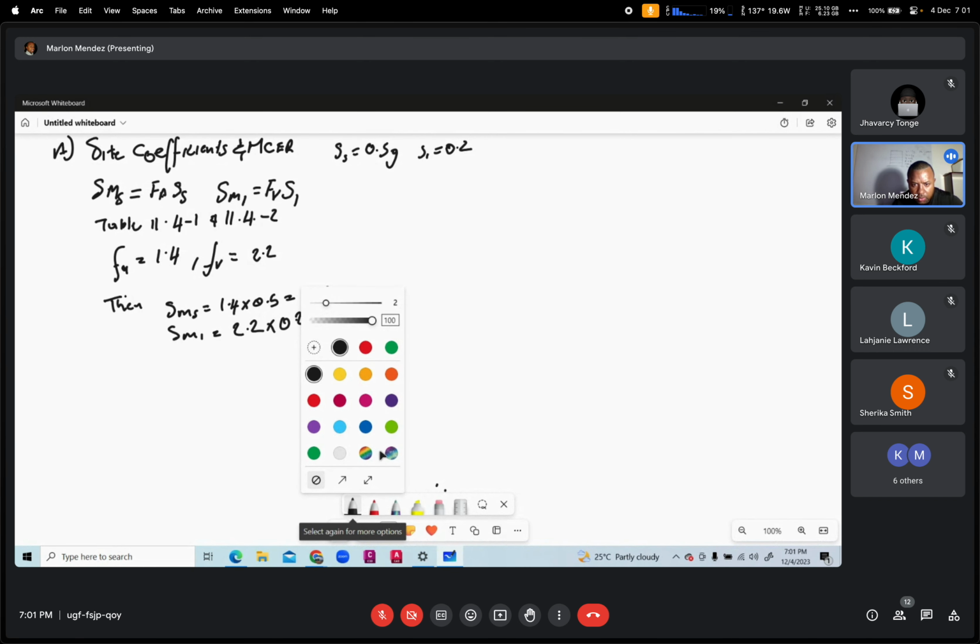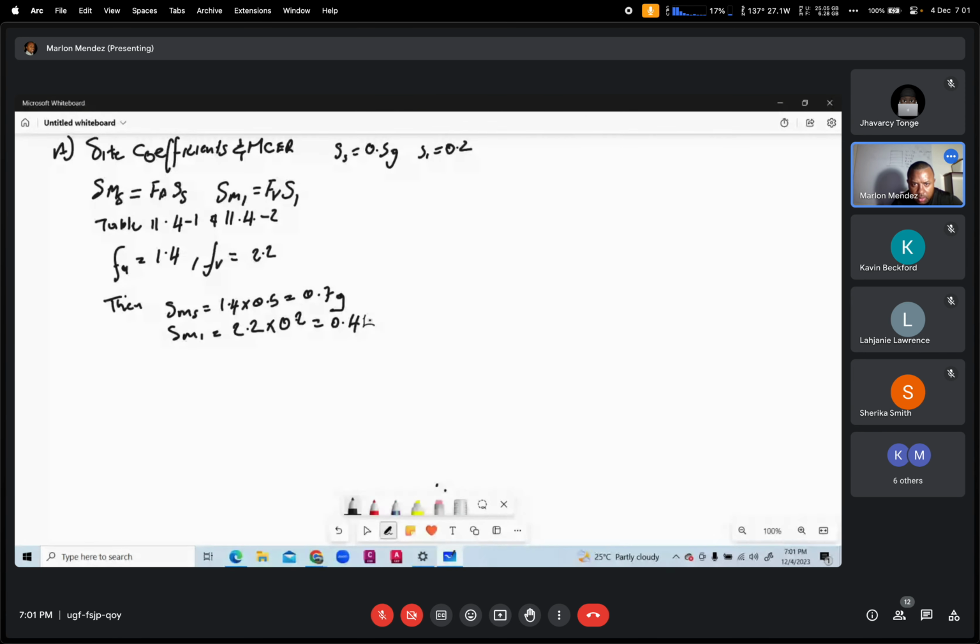All right, so now we have these answers. So we can move on. The next thing you're going to find is what is referred to as the design spectral acceleration parameters.